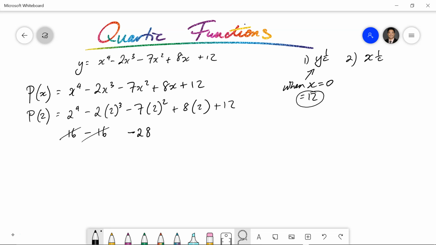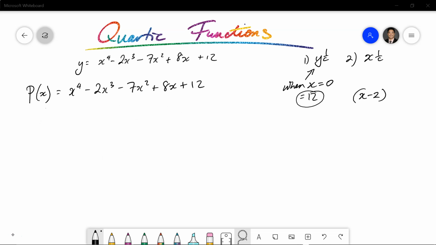So minus 28 plus 16 plus 12. Now, 16 plus 12 is 28, which cancels out with the negative 28. So that becomes 0. That means p of 2 is good. x minus 2 is a factor.